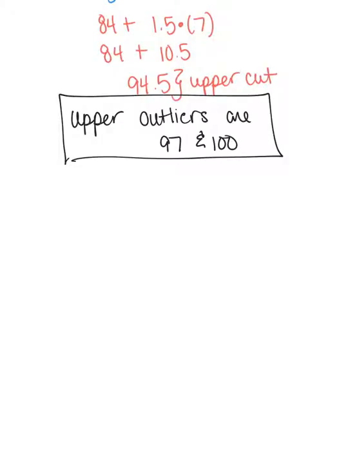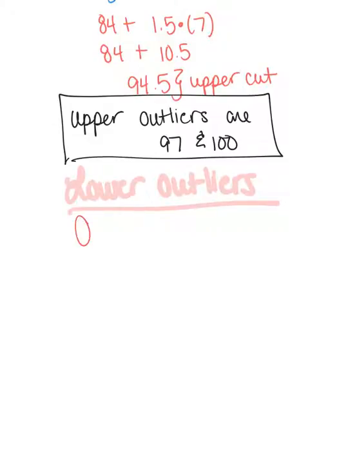So now let's talk about lower outliers. The ones that lie on the far end of the data, to the left. So for the lower outliers, you're going to start with quartile 1. And instead of adding, you're going to subtract 1.5 times the IQR.